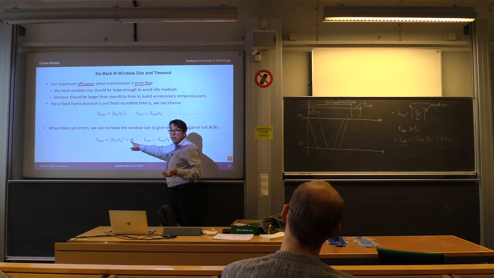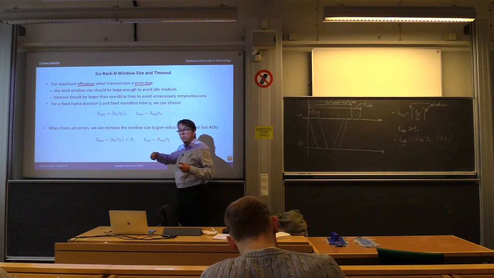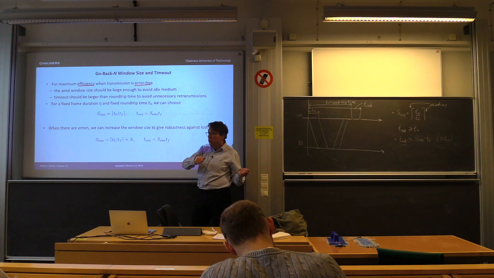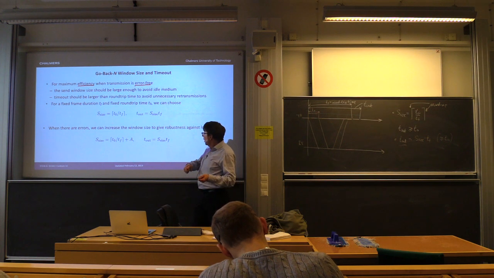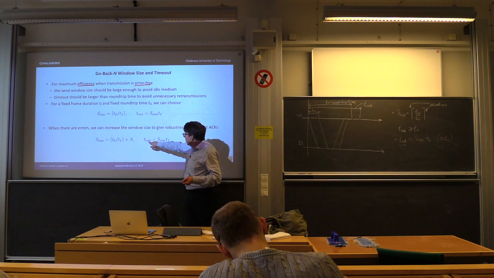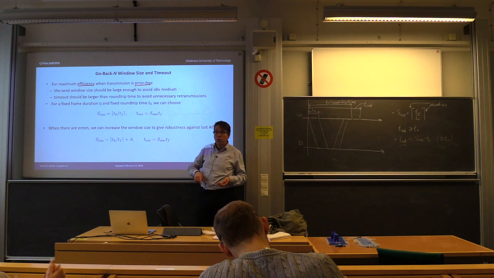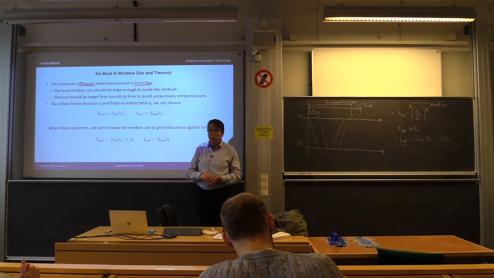Like if a is equal to 1, that means that we can tolerate one lost ACK. If a is equal to 2, it means we can lose 2 consecutive ACKs without any problems, right? And then we should move the timeout also to take this into account.